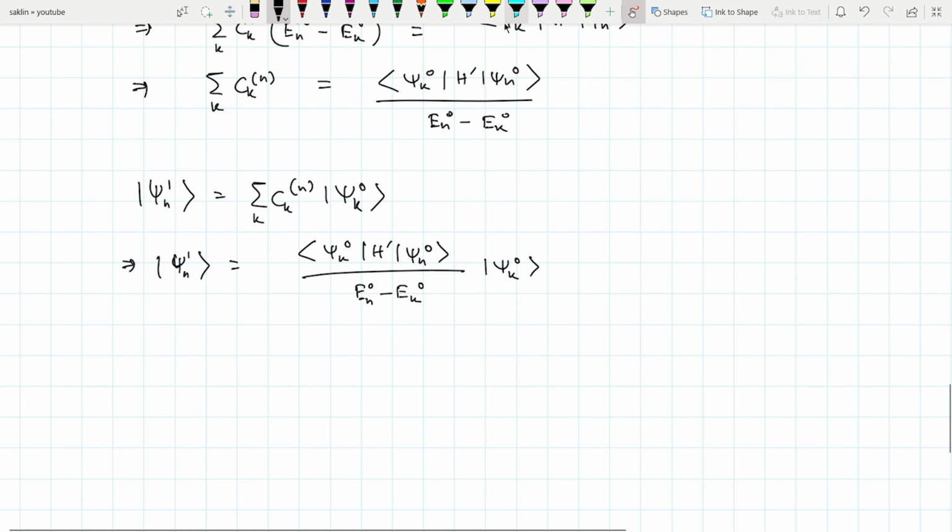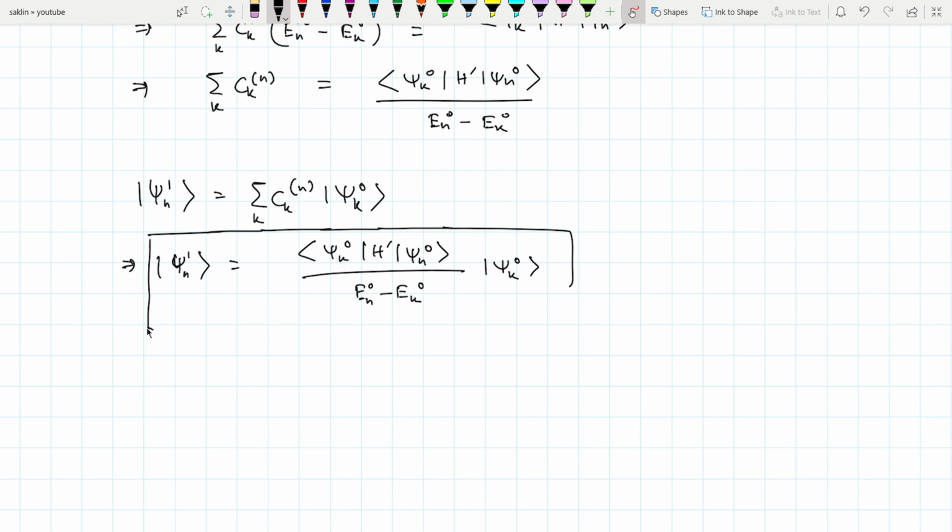Okay, this is our first order correction to the energy eigenfunction. You can write it in your notebook.